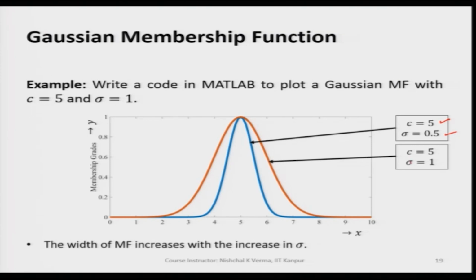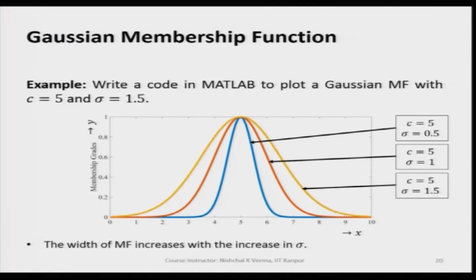By substituting sigma equal to 1, we are spreading the Gaussian membership function. Similarly, if we increase sigma, we get more spread like this. So, we see that the center remains the same, at 5, but we have 3 Gaussian membership functions with different sigmas.